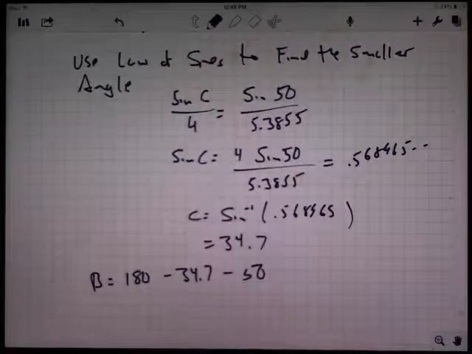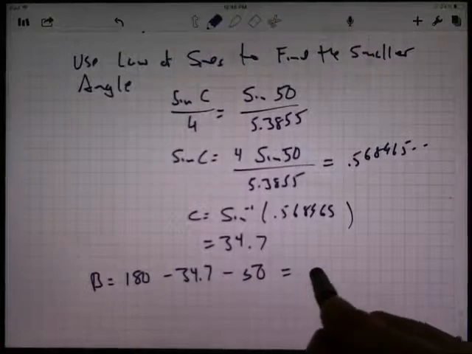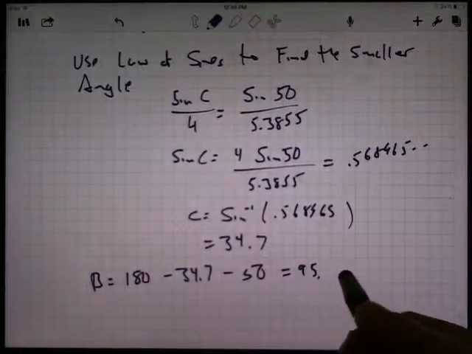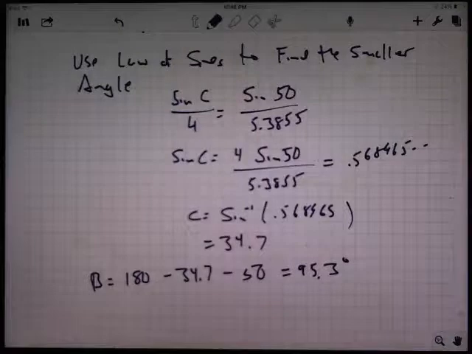So I've got 180 minus my previous answer minus 50. Yeah, and I've got 95.3 degrees. So sure enough, that actually is bigger than 90 degrees, and the law of sines would have gotten it wrong if I tried to solve angle B with the law of sines, okay?